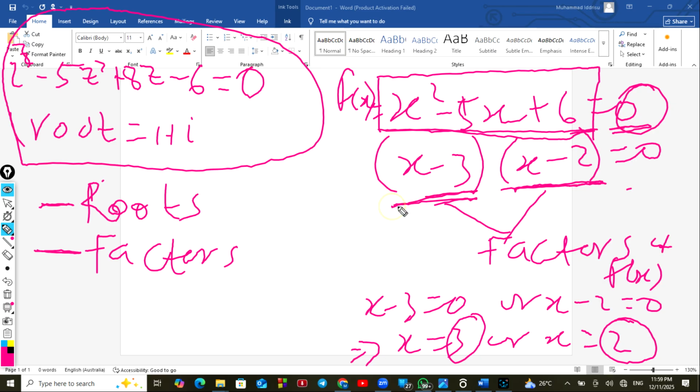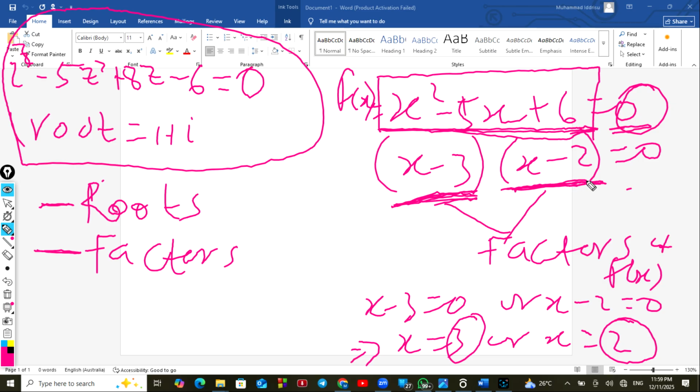But x minus 3 is a factor. That means it divides x squared minus 5x plus 6. If we divide it by x minus 3, we get x minus 2.